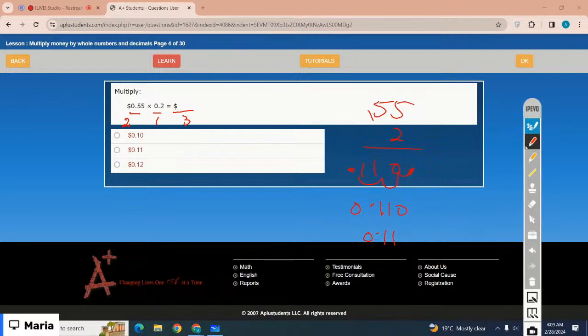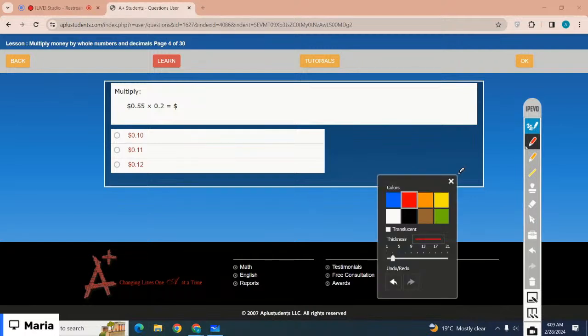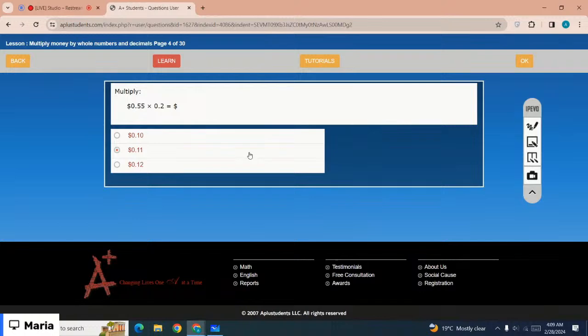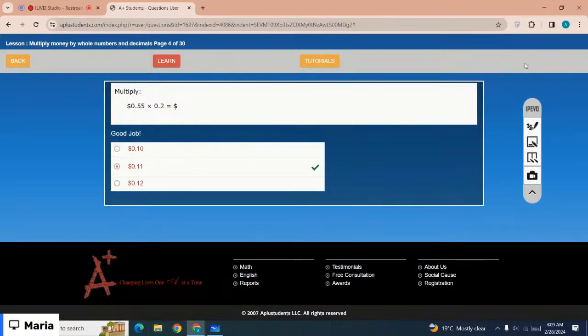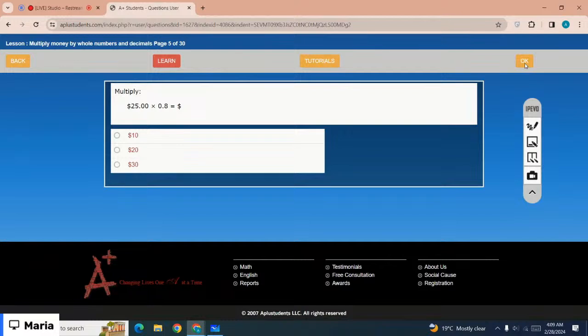Okay, the next one is 25 times 0.8. So which is the correct option?